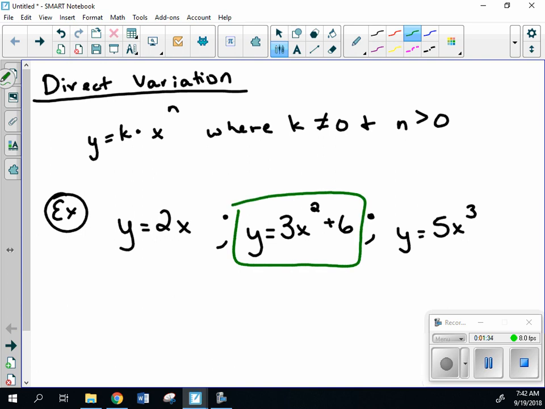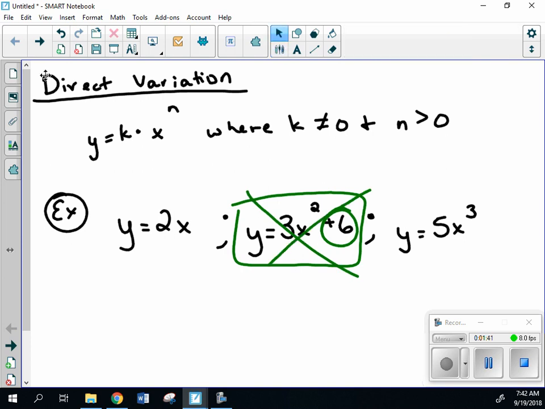Because it has that plus 6, this is not actually a direct variation equation. So don't think that just because it's got an exponent means that it is not a direct variation equation, because it still is.